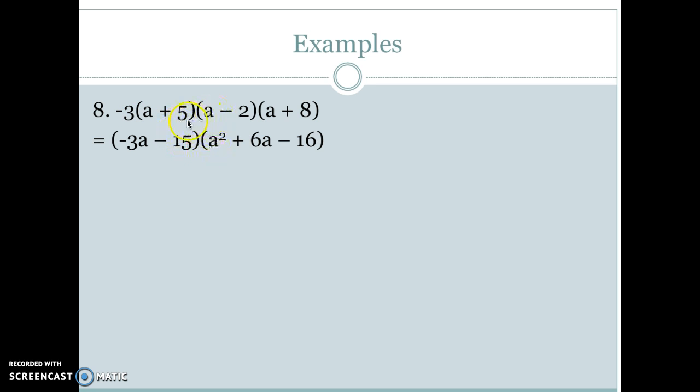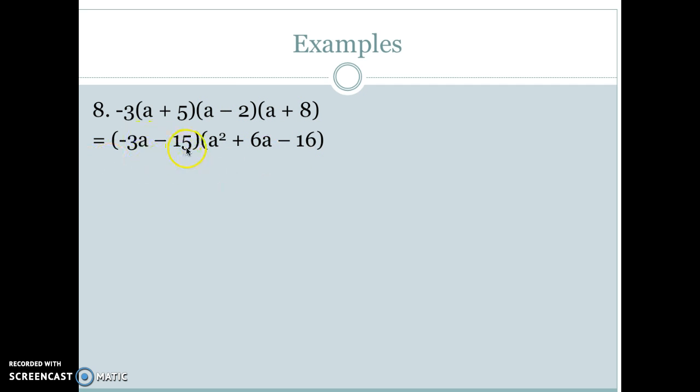Next, I'm going to start multiplying those out. So I have a times a is a squared, and then negative 2 times a is negative 2a, and then a times positive 8 is 8a, so 8a and negative 2a equals 6a, and negative 2 times 8 is negative 16.